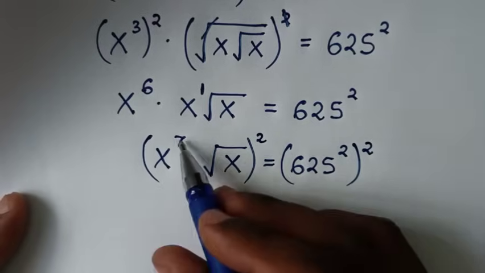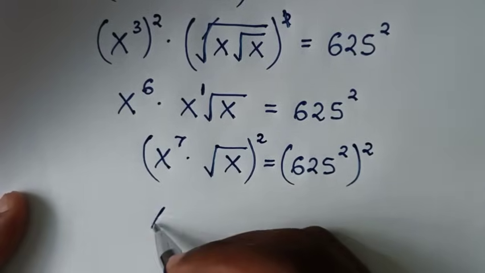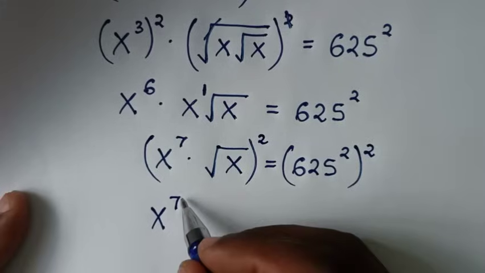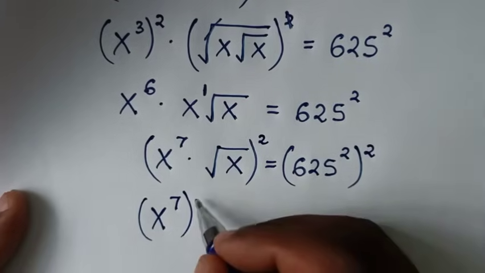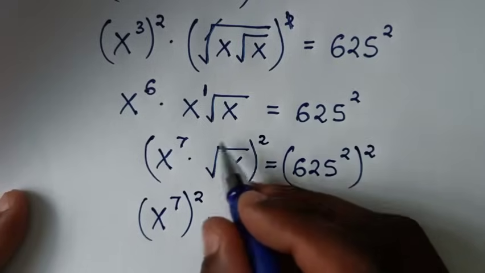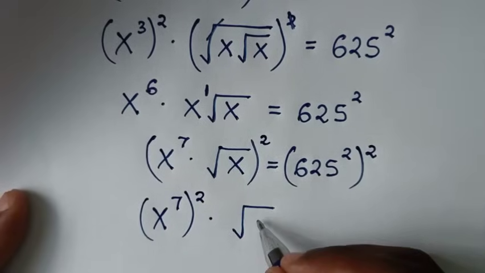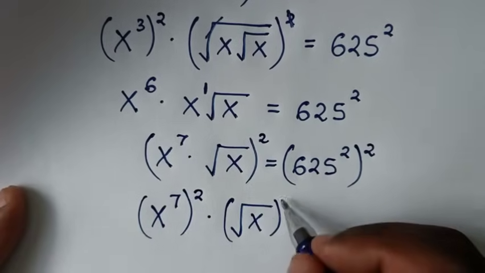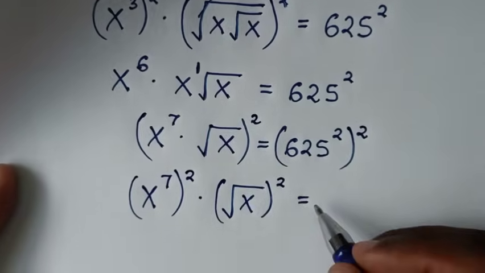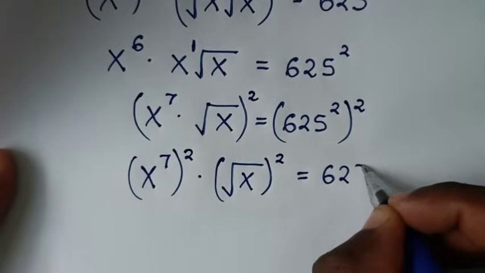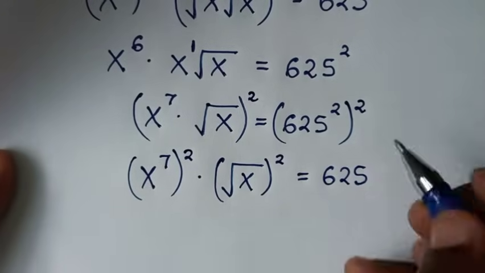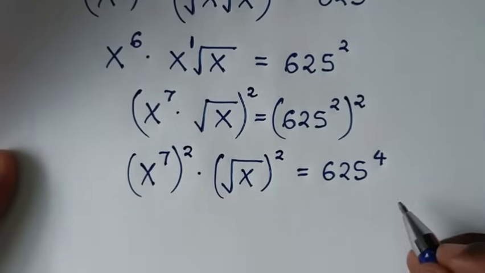So we'll take this square inside the bracket, so it will be x power of 7 then bracket squared times this square, so it will be the square root of x bracket squared is equal to 625 power of 2 times power of 2 is power of 4.